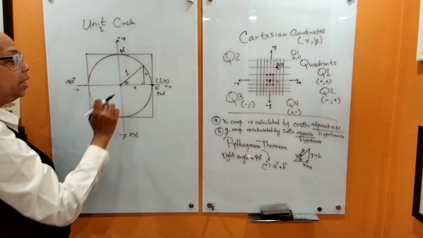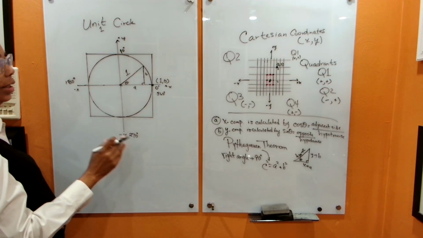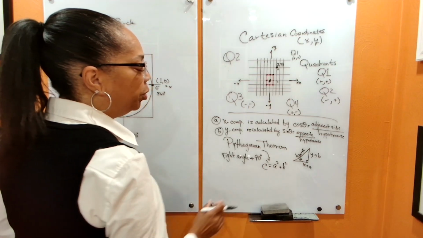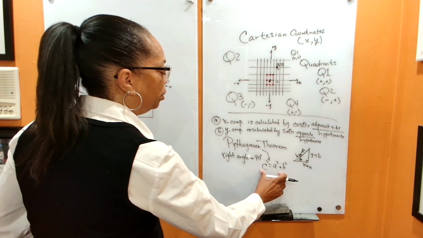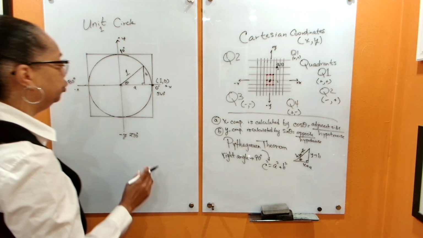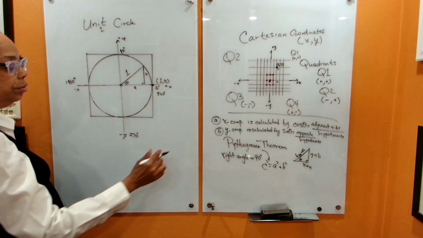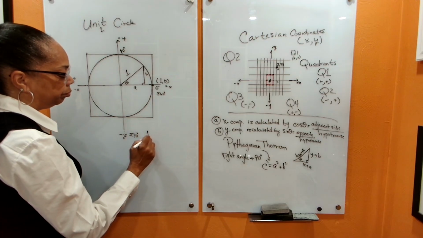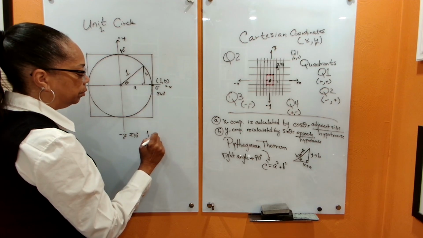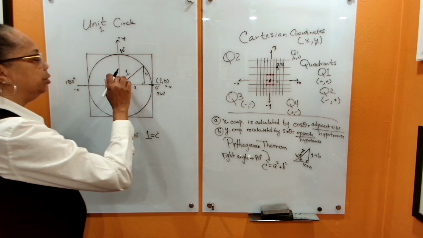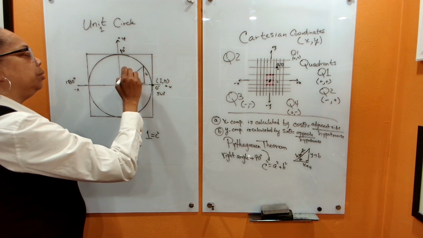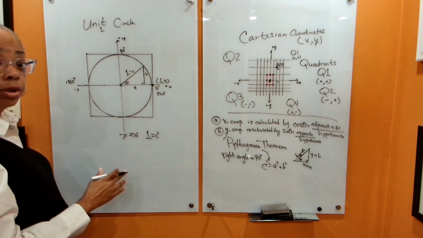So let's look at an angle, and we're going to use our calculators to do this, but we're also going to use the Pythagorean theorem to prove that we do get 1 for our c squared, because 1 is the value of our hypotenuse, right? So 1 equals c all the time for the unit circle.